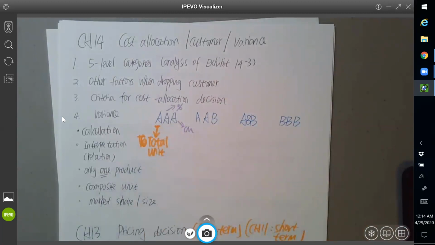If we don't allocate, then we have to do the hierarchy income statement, right? So we just subtract the channel level, subtract the division level directly. But if we want to allocate, there are 4 criteria to follow. I'm not going to repeat them, just make sure you read the textbook.